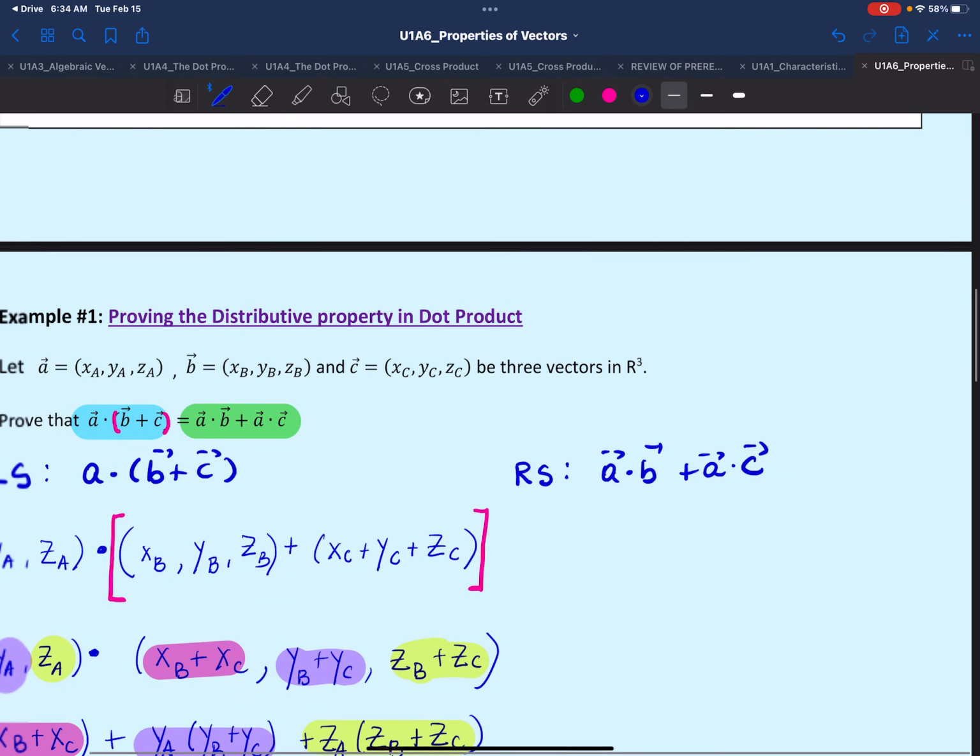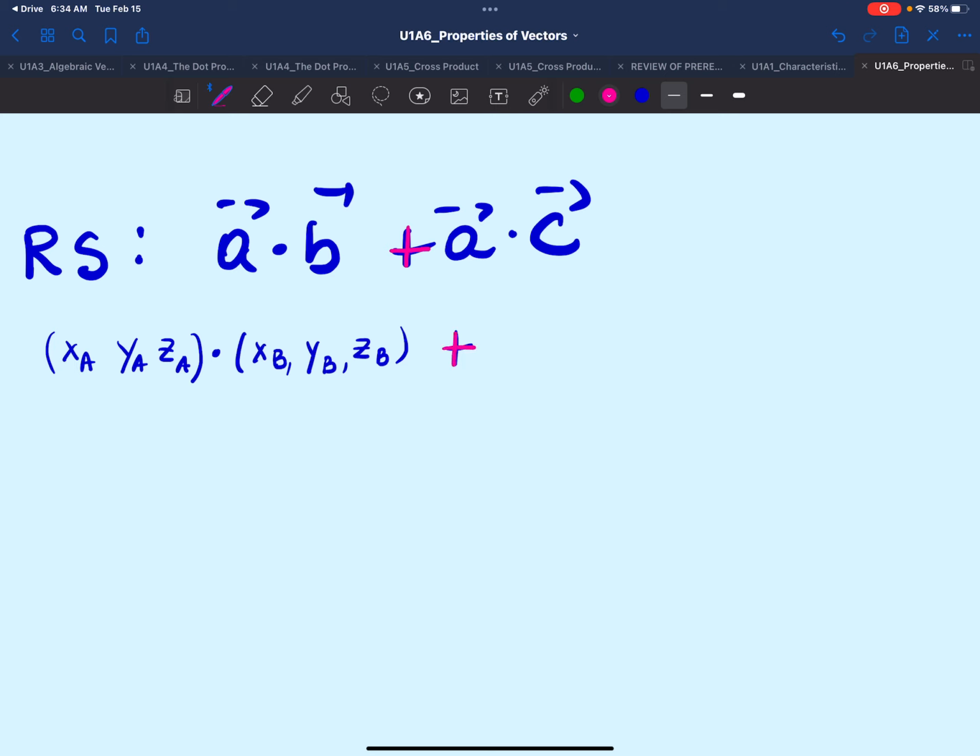So we have XA, YA, ZA dot producting XB, YB, ZB, and then plus, so we're talking about this plus right here, A, which is XA, YA, ZA dot producting X, Y, Z of C.